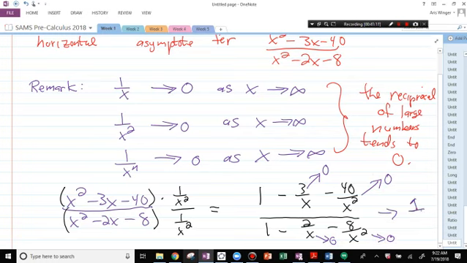And so the whole thing goes to 1 over 1, which is equal to 1. Y equals 1 is a horizontal asymptote. So you would divide by the highest power in the denominator.